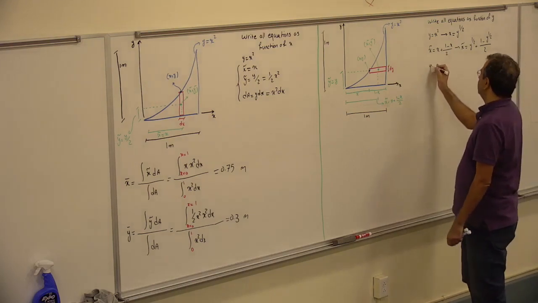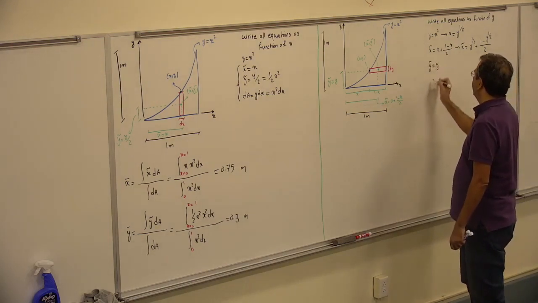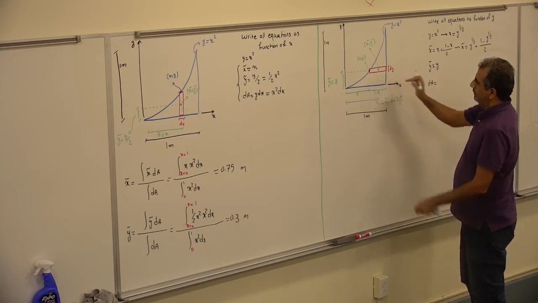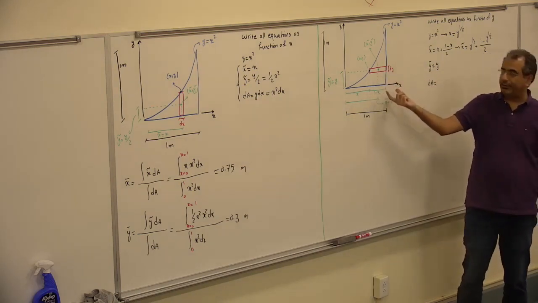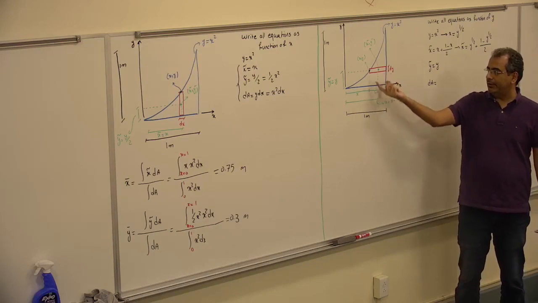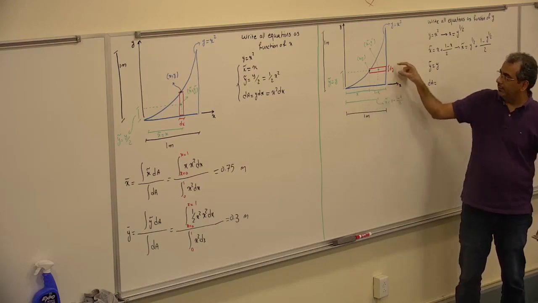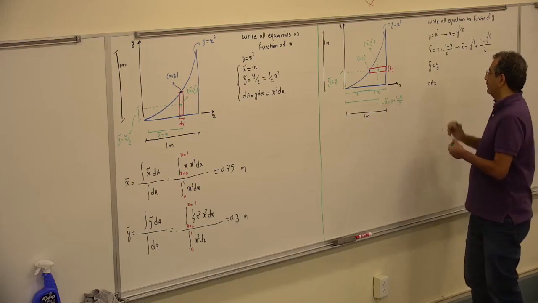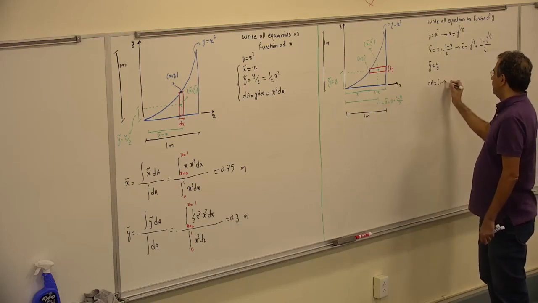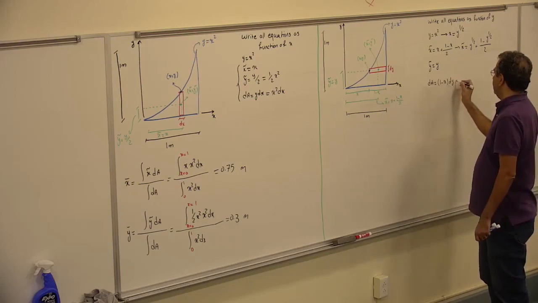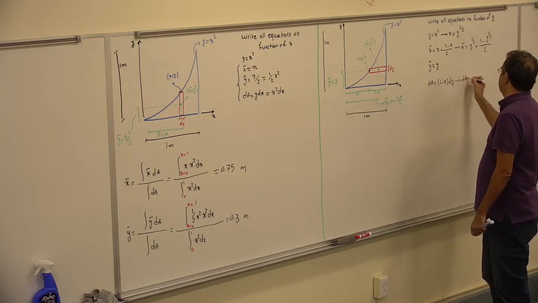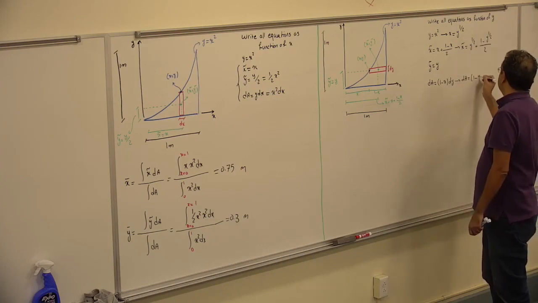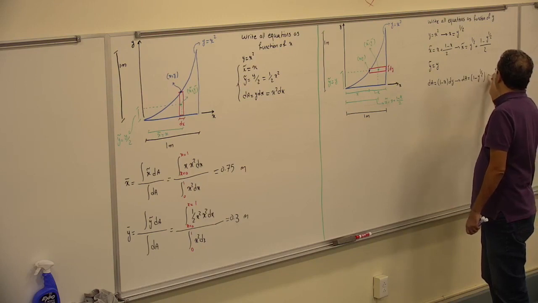And then y tilde will be y. And the dA is also a little bit different. The length of the element is 1 minus x times dy. So it's going to be 1 minus x times dy, and then I want it to be complete as a function of y. It's going to be 1 minus y to the power of half, dy.